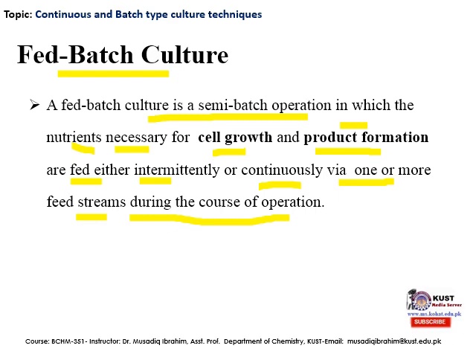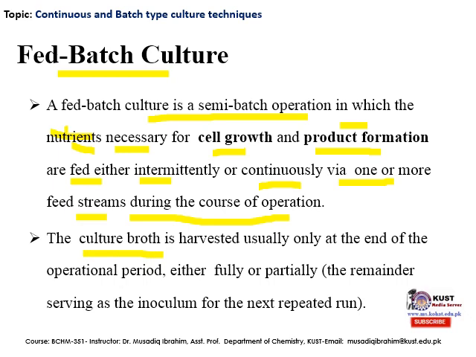So it means that during the whole process of fermentation, from the start to the very end, the nutrients are being continuously added or intermittently added to the fermentation tank.